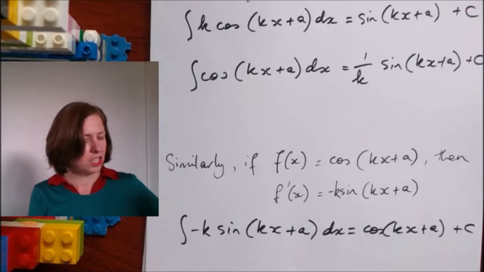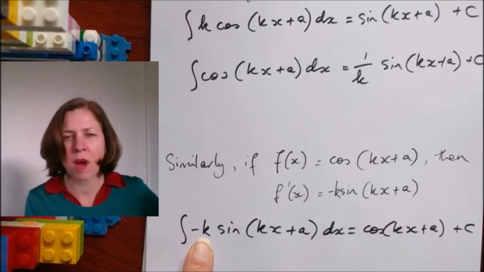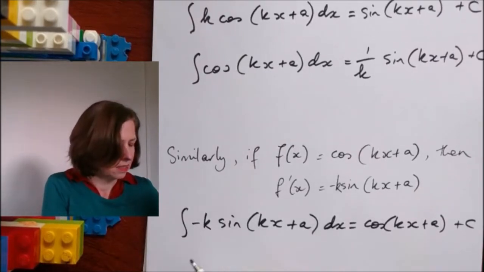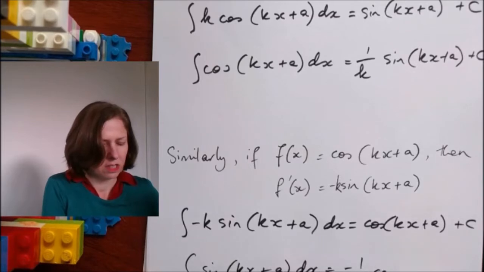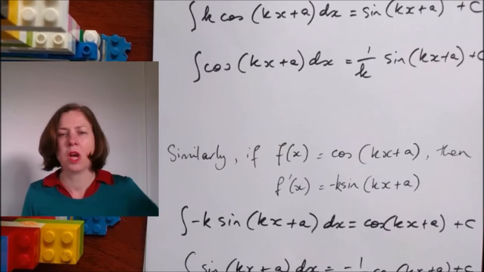And in the same way, I just need to divide both sides of my equation by negative k. So that's going to give me the antiderivative of sine of kx plus a dx is negative 1 on k cos of kx plus a plus c. Oh, sorry, you couldn't see that.